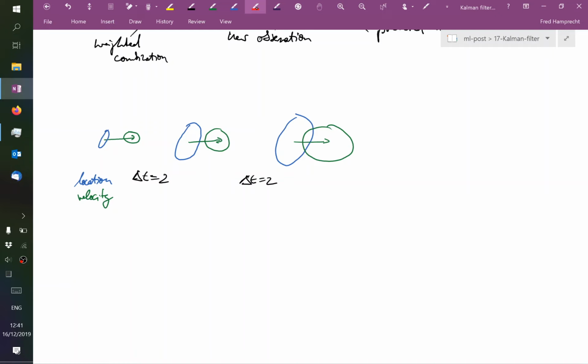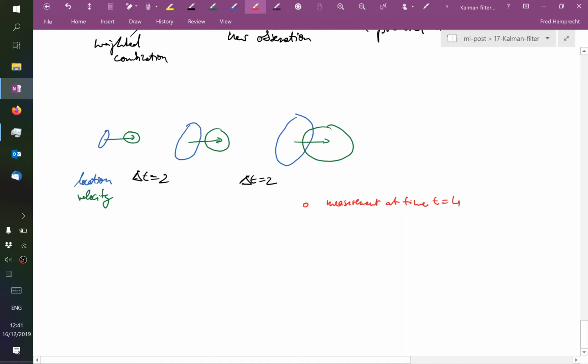So let's say we have now made an observation, maybe here. This is my measurement at time t equals 4. I'm only showing the measurement.